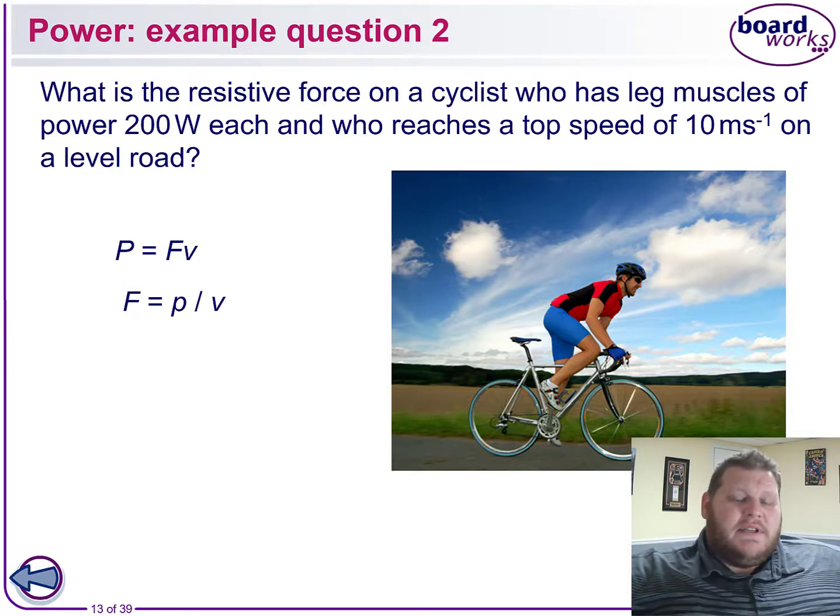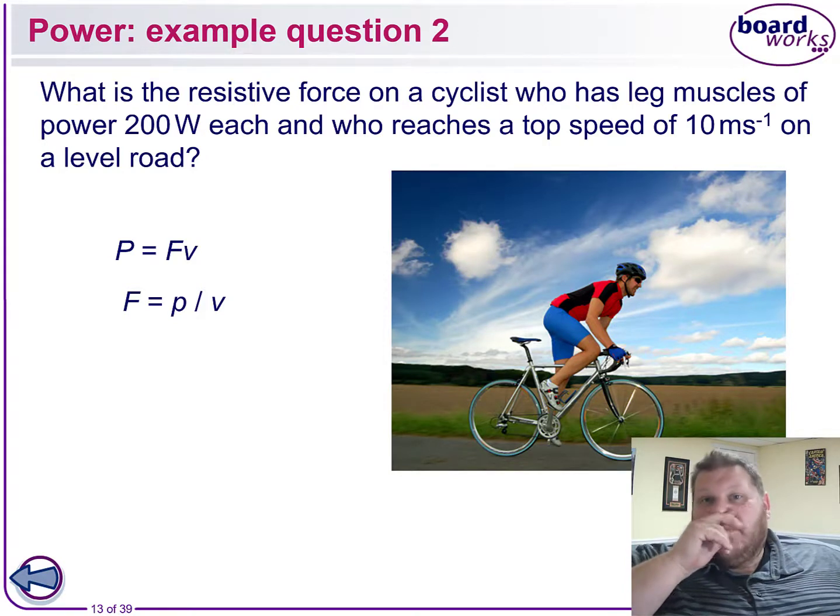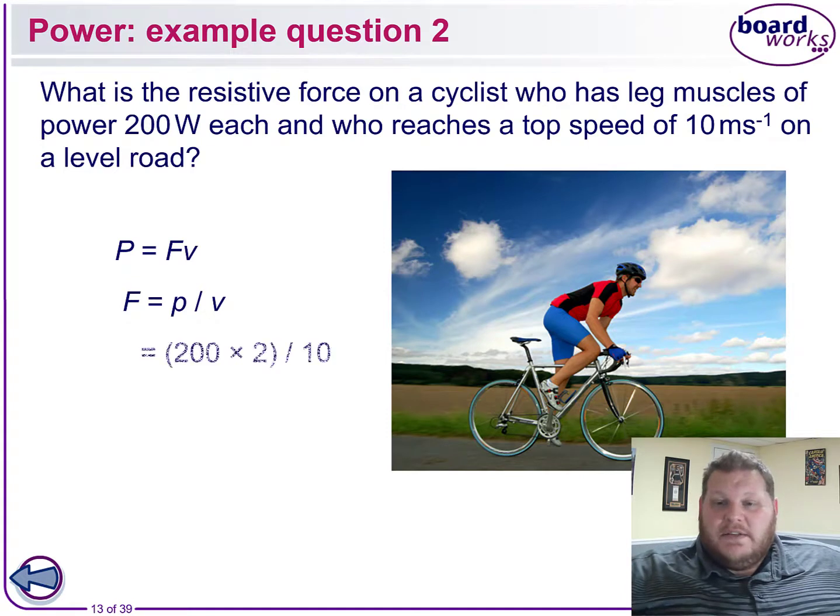I probably wouldn't even do this. I would go ahead and just plug right away 200 watts in here for my power. I know my velocity is 10 meters per second, and then I would just divide by 10 on both sides. But here, just for funsies, we can divide by V on both sides to get F by itself. So then our power divided by our velocity would give us what that force is.